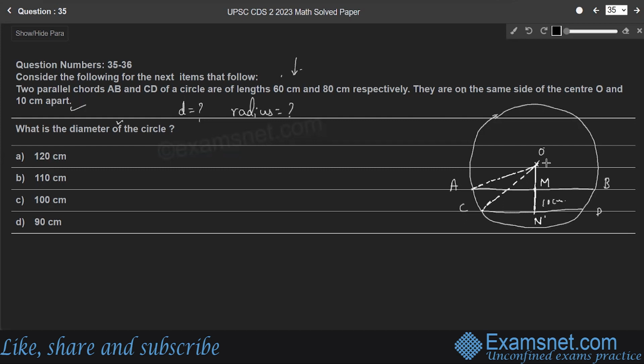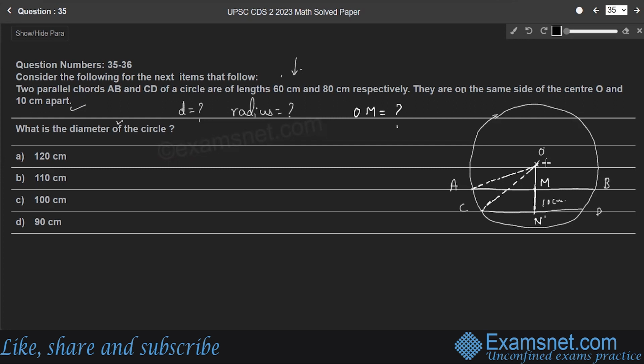Before going to the radius, first we need to find the OM distance, right? Here the distance OM is one of the sides of triangle OMA, and ON is one of the sides of ONC, right? So for both, we need the OM distance. How to find the OM distance?